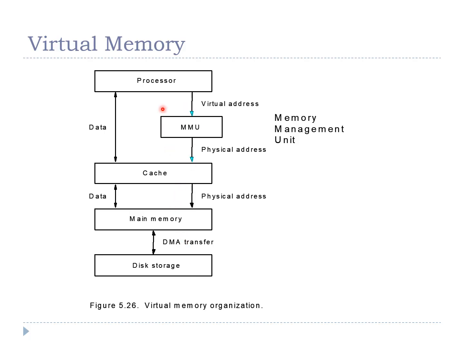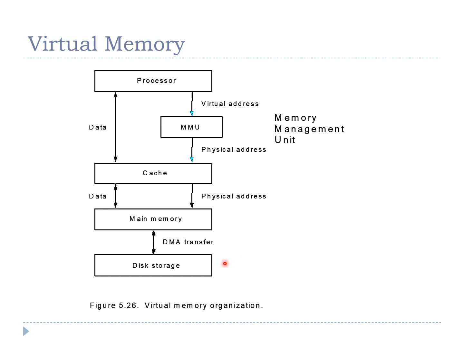So the processor will give a virtual address. Instead of having the frame number, your program will be divided into page numbers and word numbers. So the processor will always give virtual addresses, that is, page number and word number within that page.